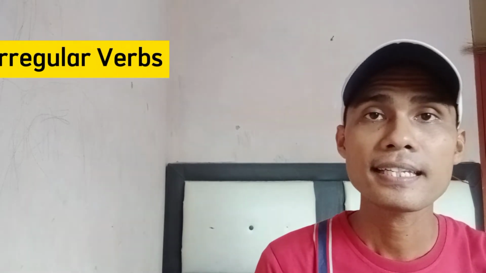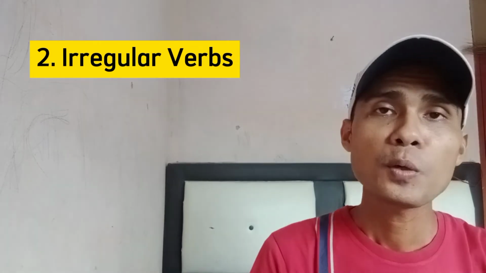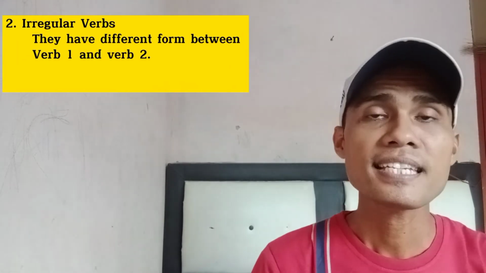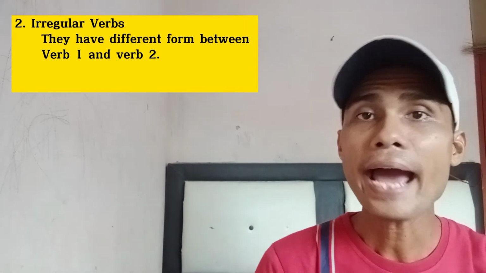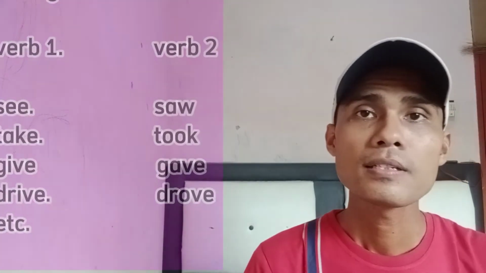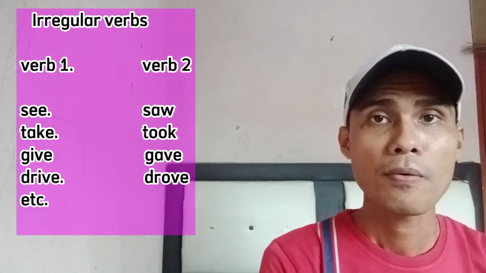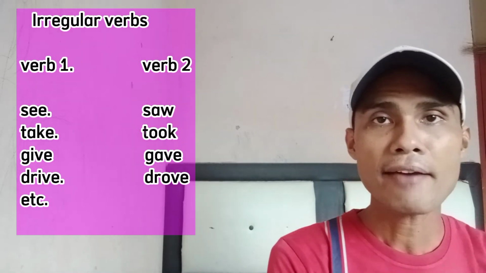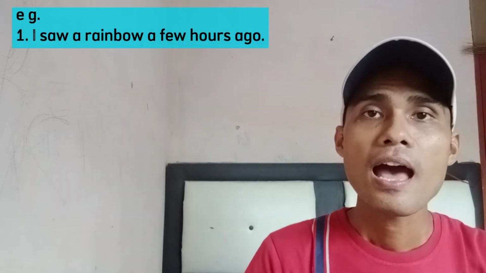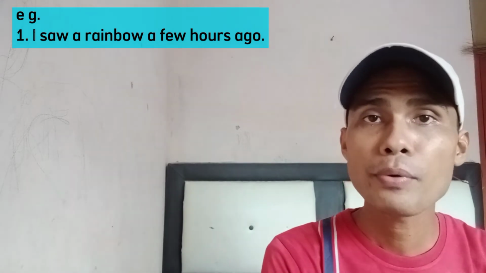Now let's continue to the second group of the verb in simple past tense. It is irregular verb. Why is it called irregular verb? It is called irregular verb because they have different form between verb 1 and verb 2. For example, see, saw, take, took, give, gave, and many more. So if we want to put them into our sentences, it will sound like this. For example, I saw a rainbow a few hours ago.